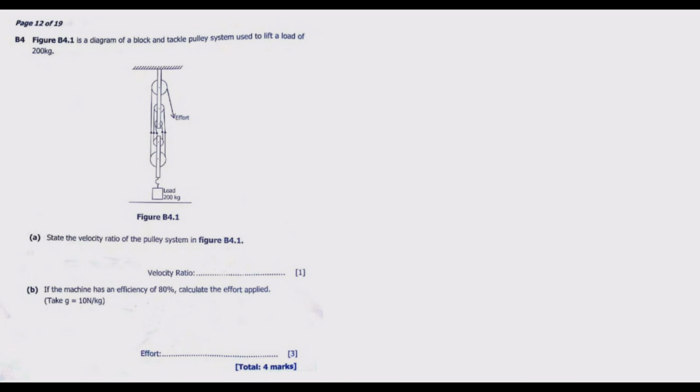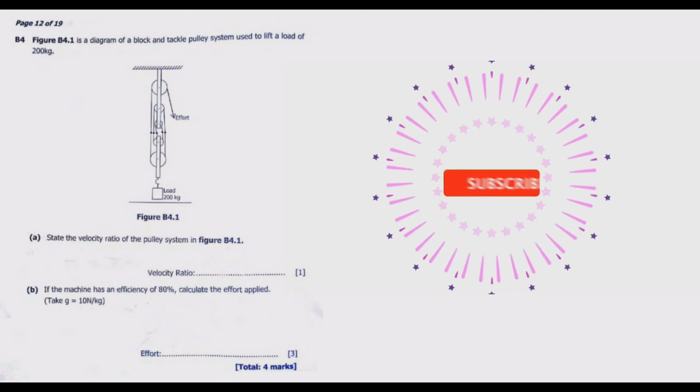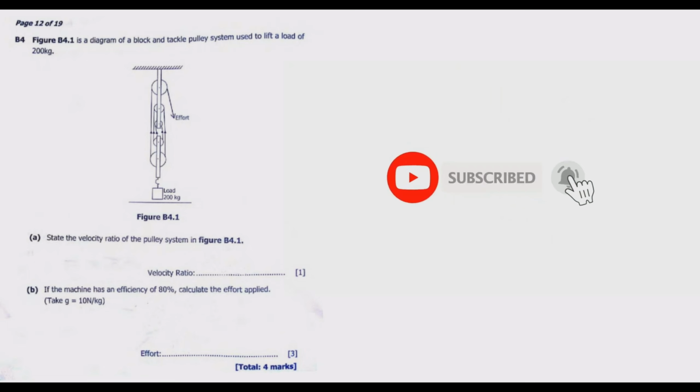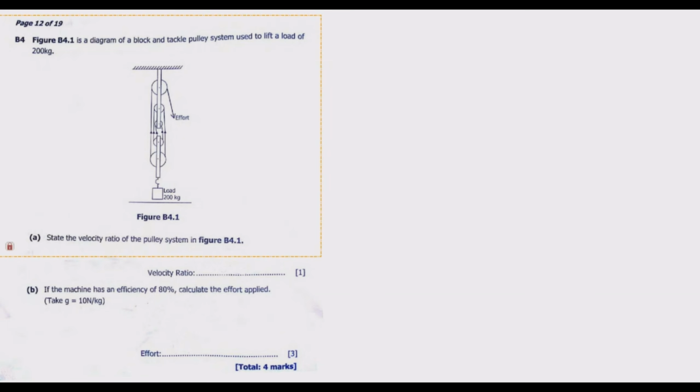The velocity ratio in a pulley system is equal to the number of wheels in the pulley. So we count the number of wheels: 1, 2, 3, 4, 5. So the velocity ratio is equal to 5. Note, when dealing with a pulley system, the number of wheels is equal to the velocity ratio.